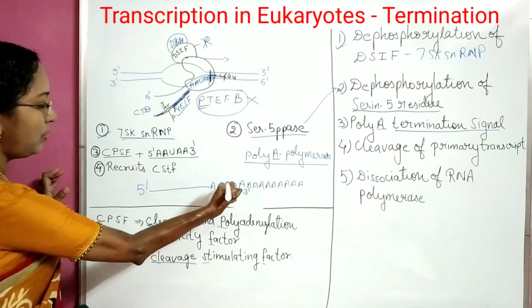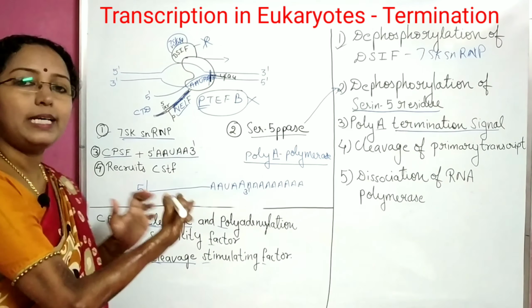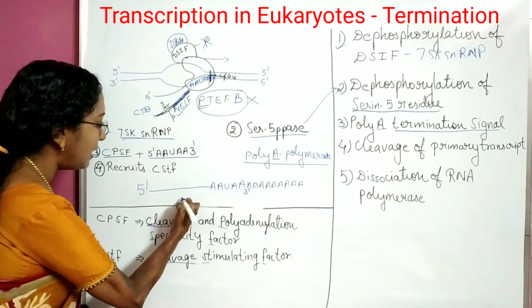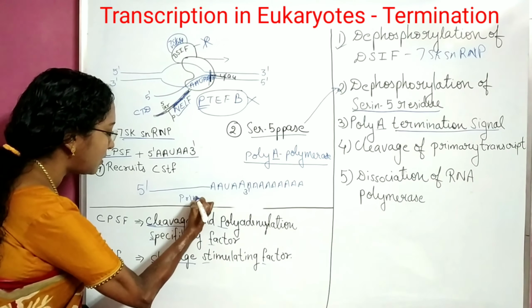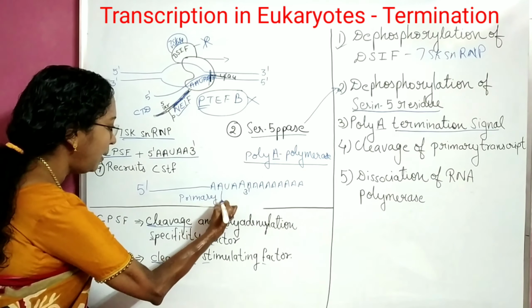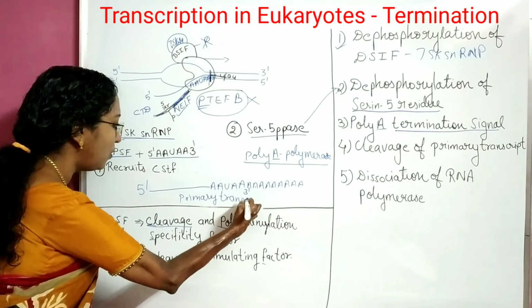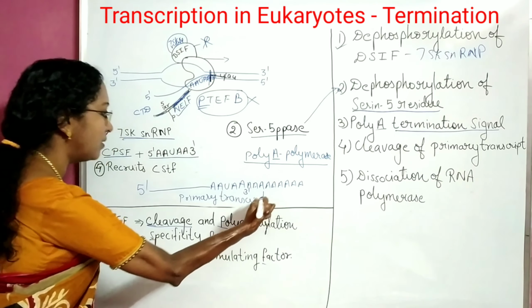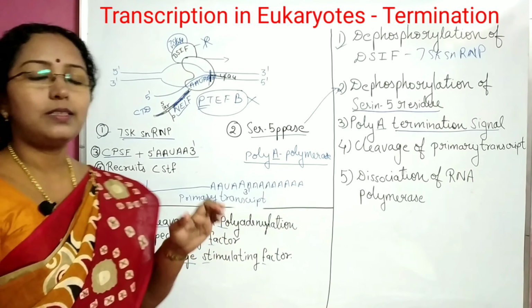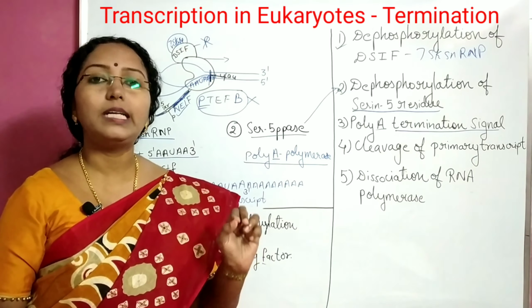Now this RNA that we got here, we cannot call this mRNA, we call it the primary transcript. It has to undergo some more modifications to make it the fully fledged functional mRNA.